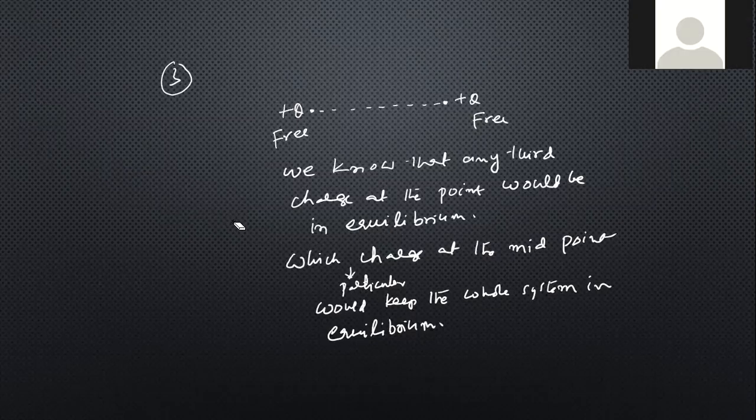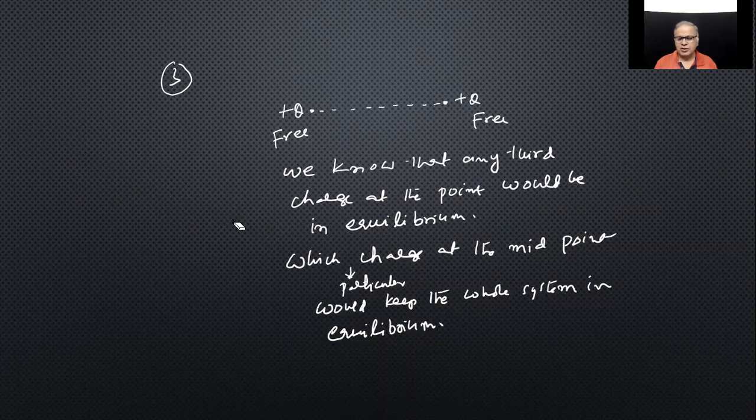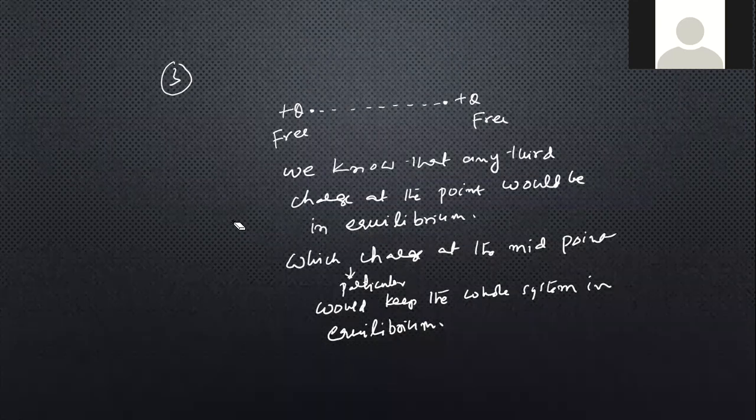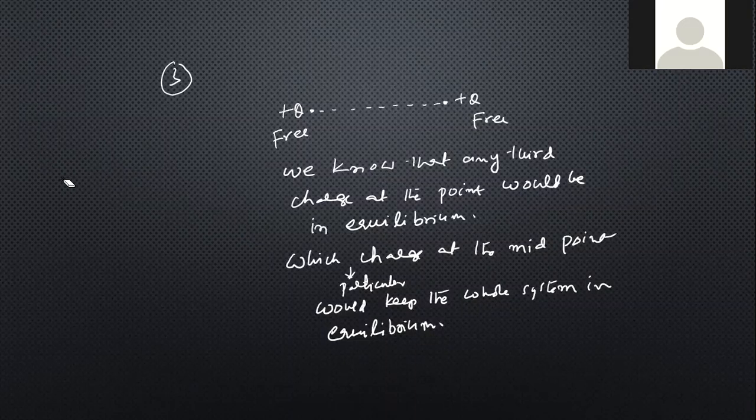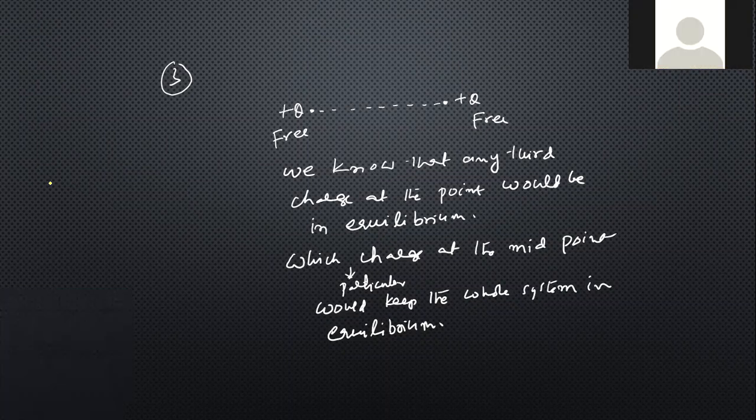Now none of them experience any other force, meaning no external force. Now there will be only the electrostatic force. So for that, what should I do? Can somebody say something? For the third one, I think it will be a negative charge.